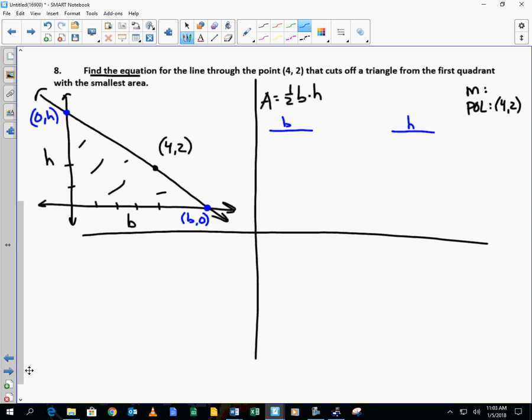So I'm going to write an equation for a line, y minus y1 equals m times x minus x1. And the reason why I really like this type of setup is, in the end, I need to figure out slope. And does this have slope in it? Yeah, it sure does. Now, what part of this do we already know? Yeah, so I have y minus 2 is equal to m times x minus 4.